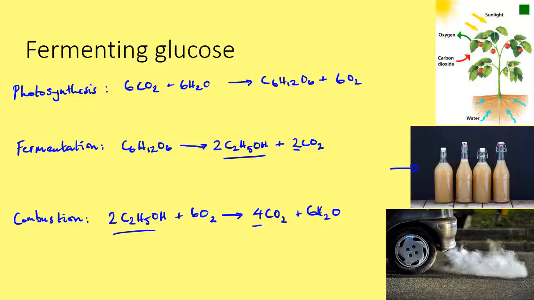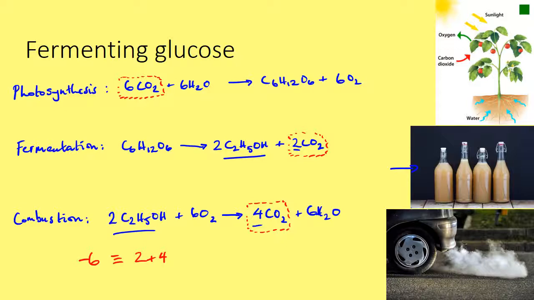And so now what you can see is that the photosynthesis process used up 6 moles of carbon dioxide, and the fermentation produced 2 moles of carbon dioxide, and then the combustion process produced 4 moles of carbon dioxide. So you can see minus 6 from photosynthesis is equivalent to the 2 plus 4 that we made when we fermented and then combusted the ethanol.